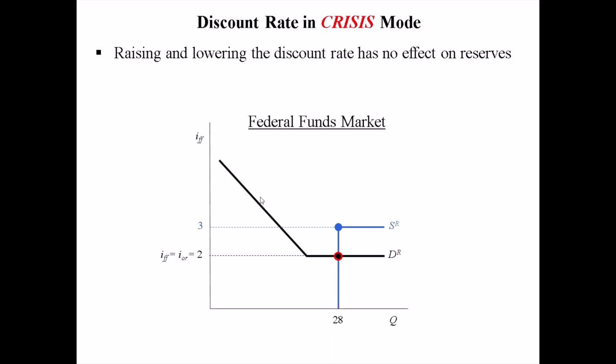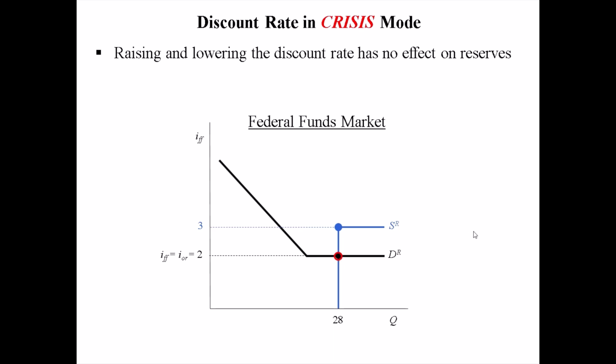Now, you can imagine the demand curve could be bouncing around right here. As long as this part of the demand curve oscillates in a narrow band, like from here to here, and doesn't oscillate out to here where it would intersect the vertical section of the supply curve, small oscillations in the demand curve due to fluctuations in demand deposits will not affect the quantity of reserves.